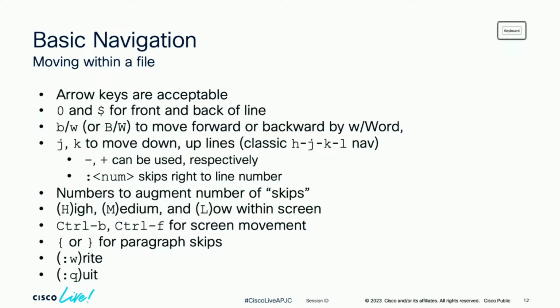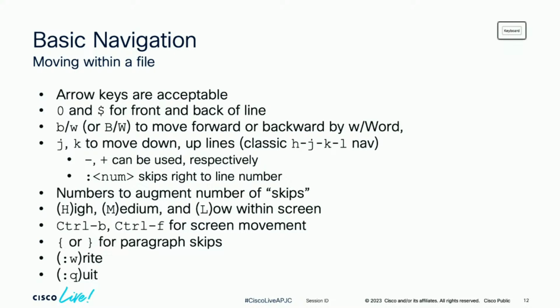If we do b or w, that moves us back one word or forward one word. And for most of the navigation commands within vi, if we use the capital of that letter, it will modify it based on white space. And I'll show the difference there. The difference between a lowercase w and a capital W: w will move forward and stop at any character or white space, like a period, a comma, a colon, or a space.